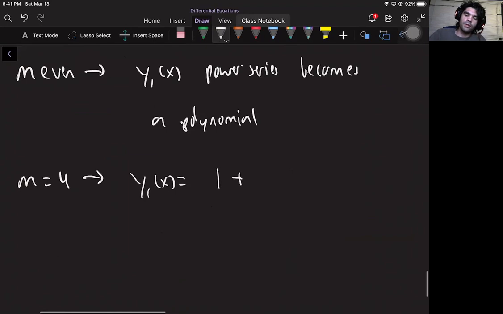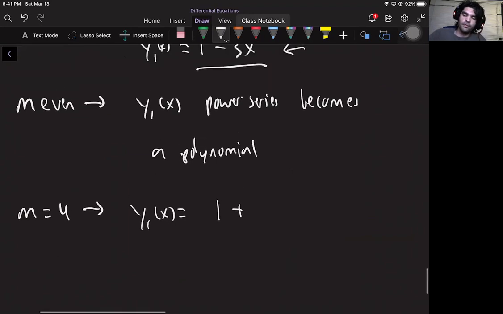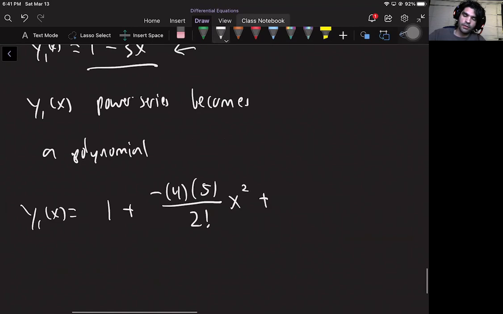So this becomes 1 plus negative 4 times 5 over 2 factorial x squared plus, and then the next one is 4 minus 2, and then 4, and then 4 plus 1.